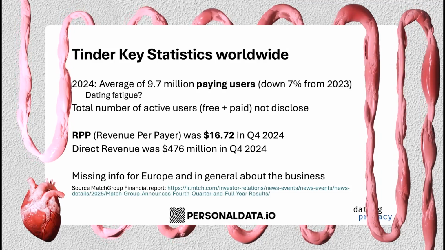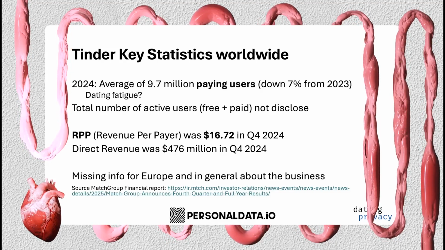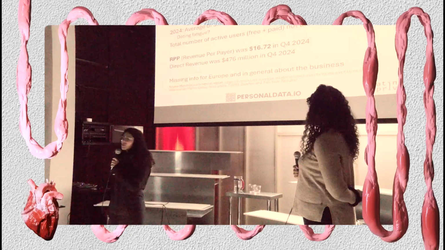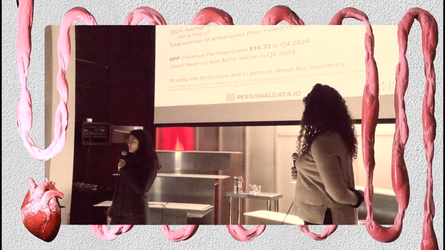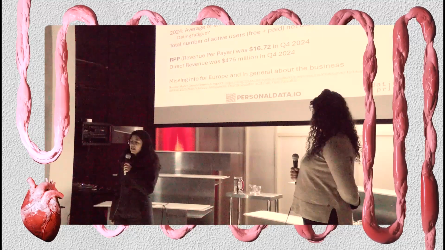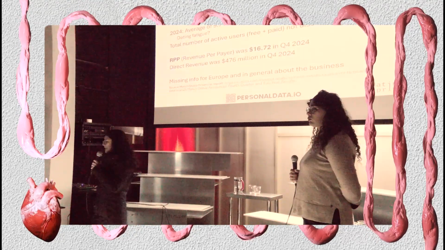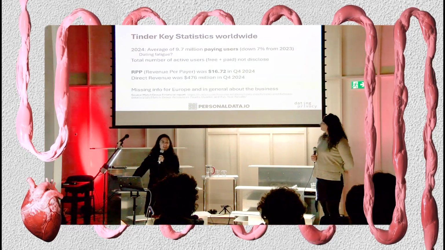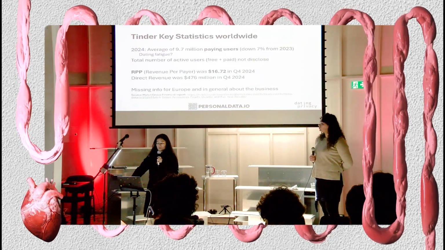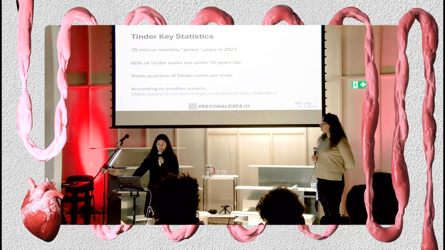And the direct revenue in the last quarter of 2024 was 476 million. So these numbers show it's a big company, a big industry, very popular. It's present in almost 190 countries, but we're missing information on how it works in Europe. They don't say it, and much information is not clear at all.